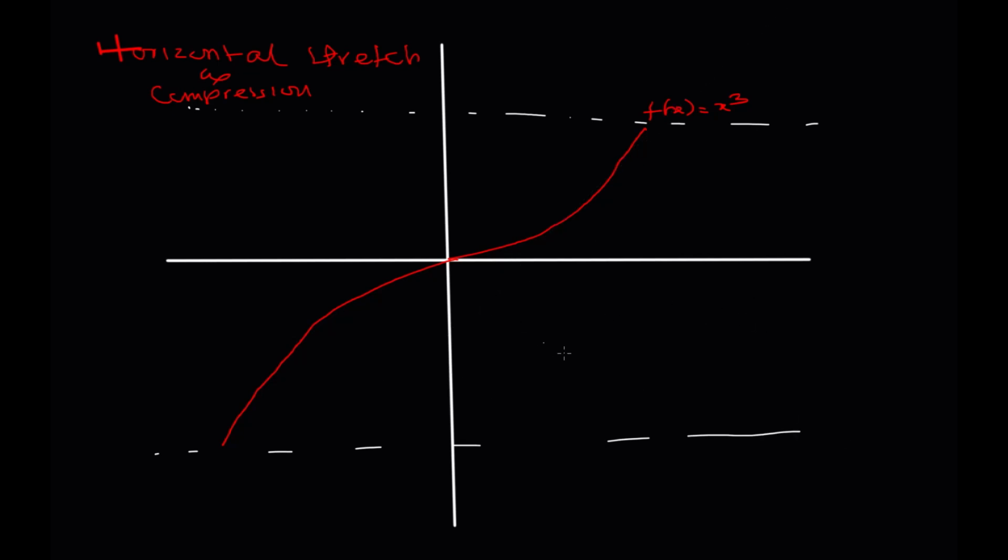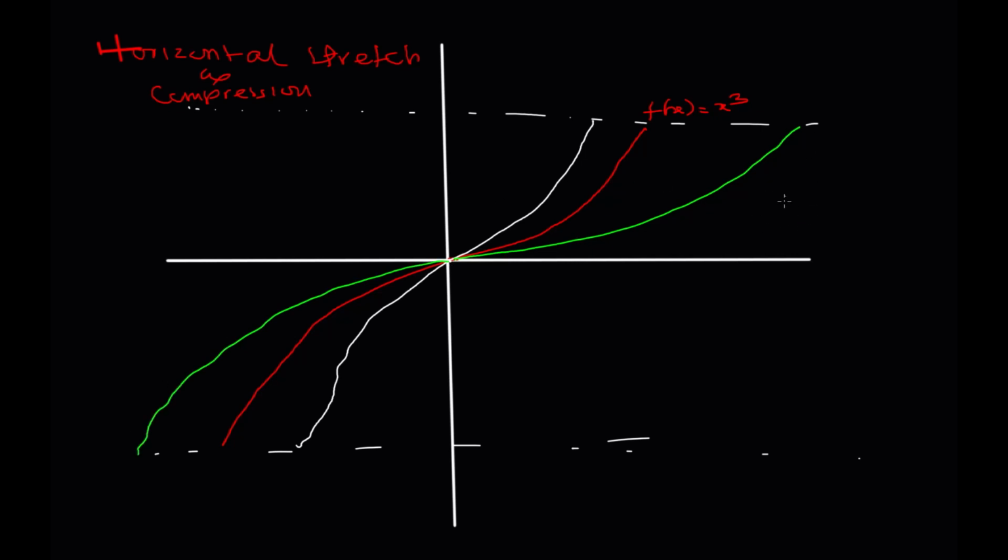Okay, we need to maintain our range like that. Now, if I were to compress this, it means that I'll bring it here inside, and I'll bring it here, there. What happens if I were to stretch it? It means that I have to bring it here and I have to bring it there.